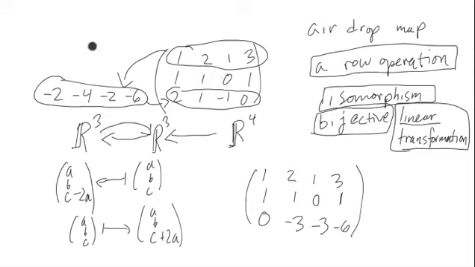Is it taking a whole space and flattening it to a plane, or a plane to a line, or preserving things like a plane to a plane, or space to a space? We can get that information very nicely by performing such operations. These operations are also useful for solving systems of equations and many other things.